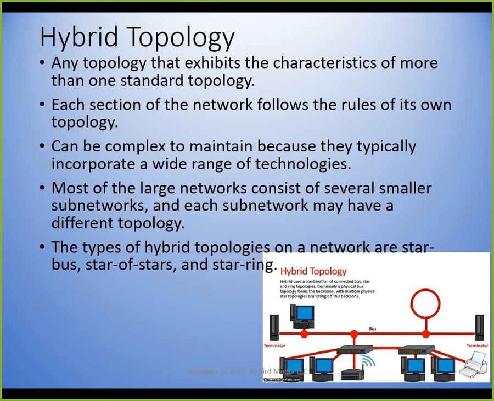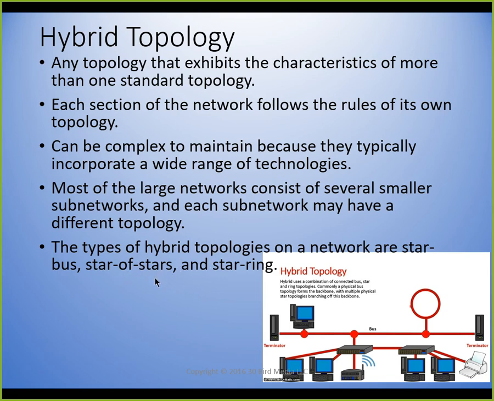Most large networks have several smaller subnetworks, and each subnetwork may have a different topology. And in today's world, or at least in our world, all of our smaller topologies were a star using Fast Ethernet. So we didn't get into all of these other ones. The types of hybrid topologies are star bus, star of stars, and then the star ring, different things.